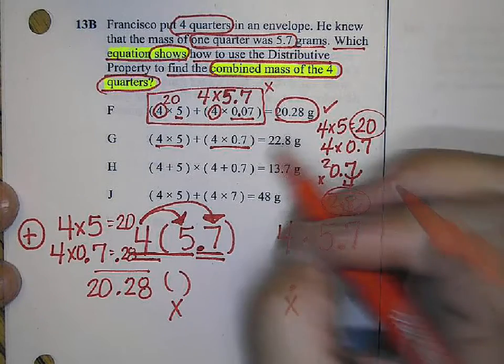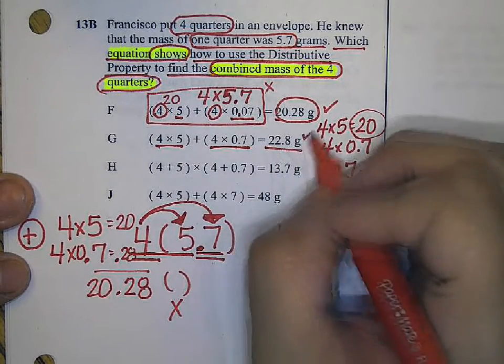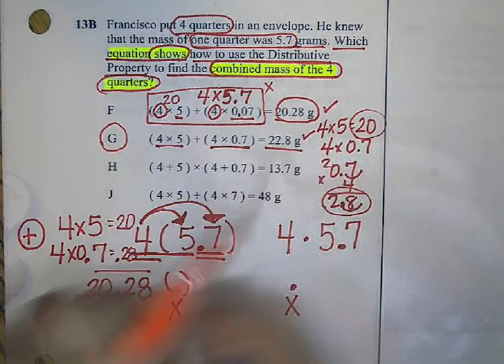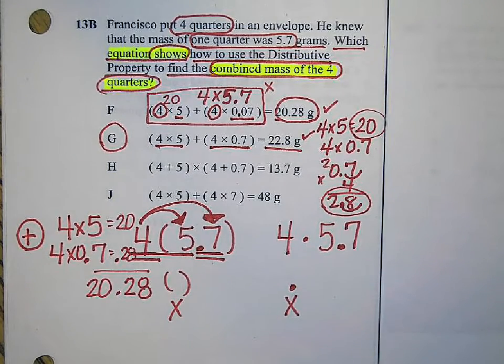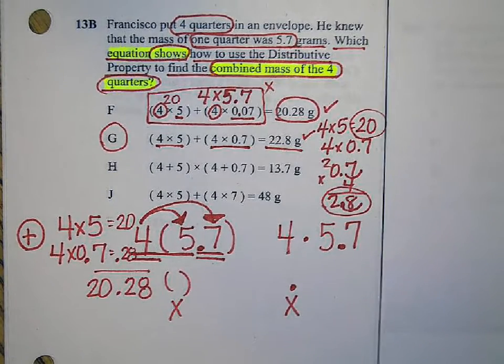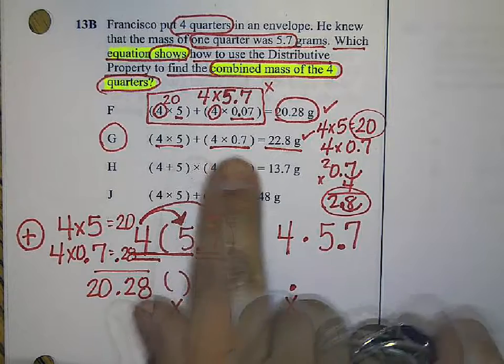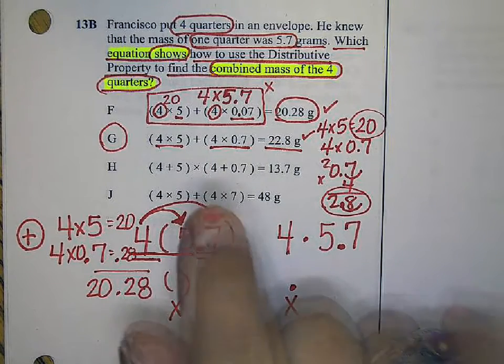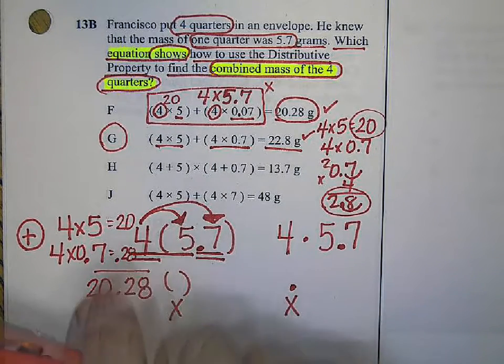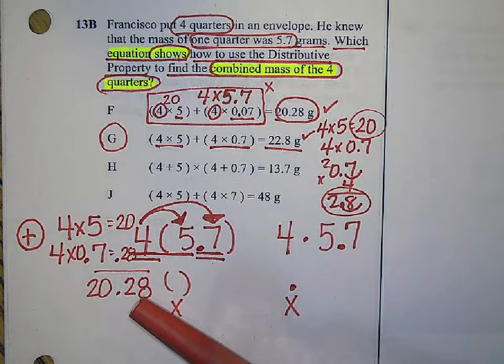I wanted to see how many of you were going to do the math that said, well, 4 times 0.7 is 28. Because some of you might have said it's 28 and then just put the decimal in front of the 2.